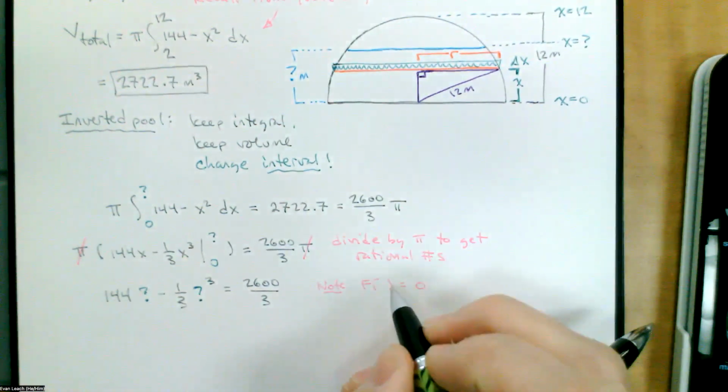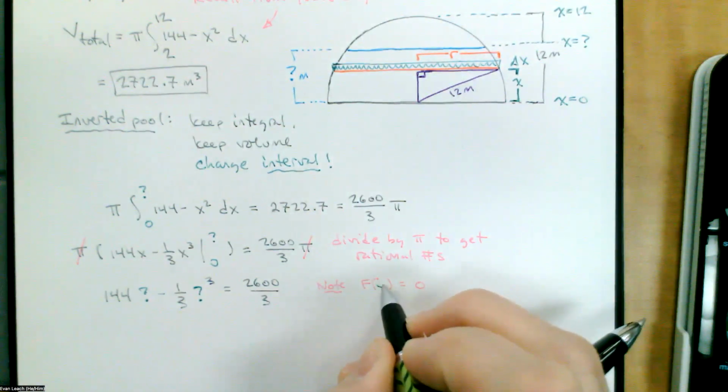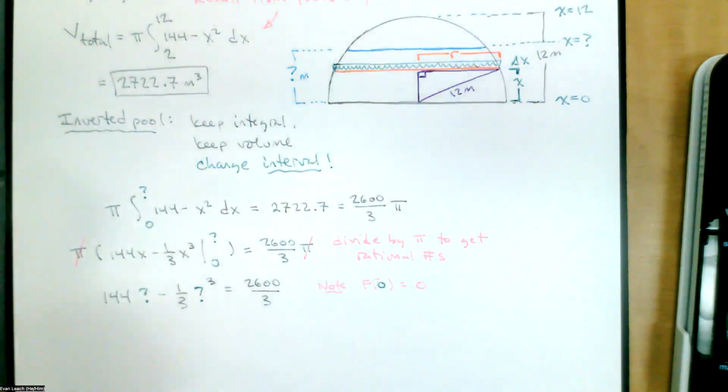So when we do f of b minus f at a, we'll end up with 0. That's why I didn't bother writing that. I just wanted this cubic equation. This is a cubic equation in question mark, and no one likes it when I do this, but I didn't pick a variable.